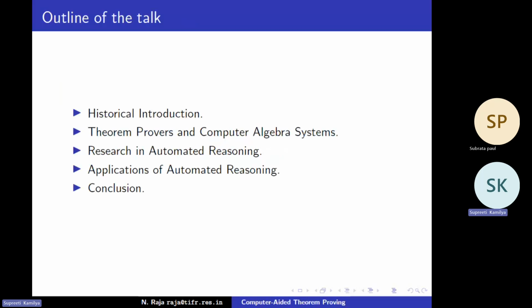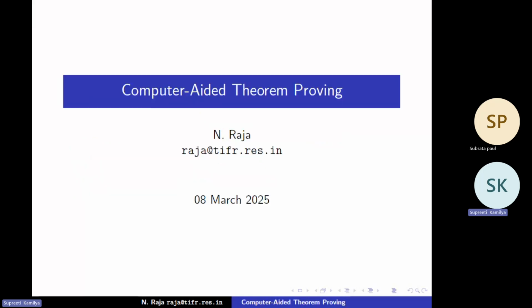This is going to be the outline of my talk. I give some historical introduction, and then I talk about theorem provers and computer algebra systems. So you remember the title of the talk, it's computer-aided theorem proving. So there have been distinct research communities in computer science, which have tried to use computers to prove theorems.